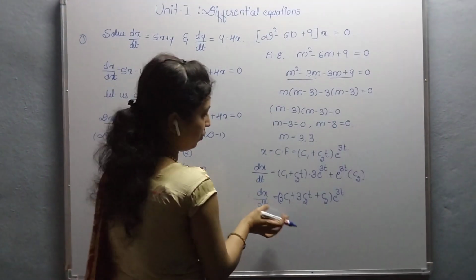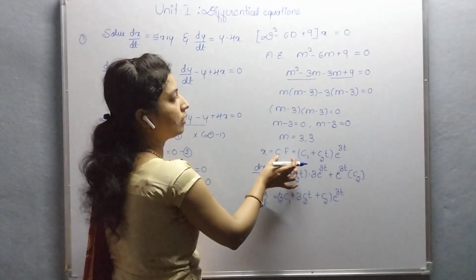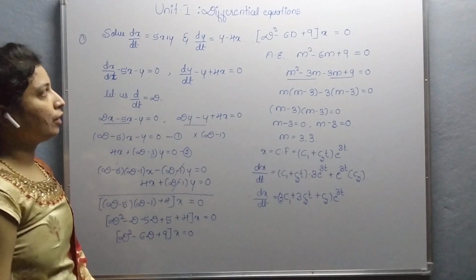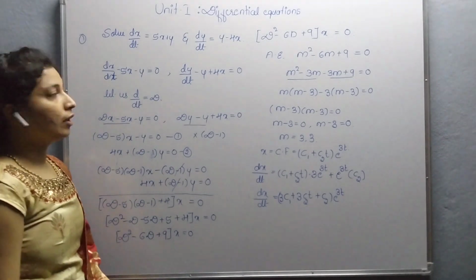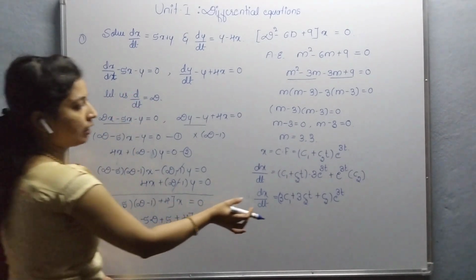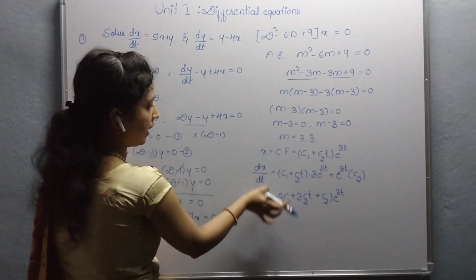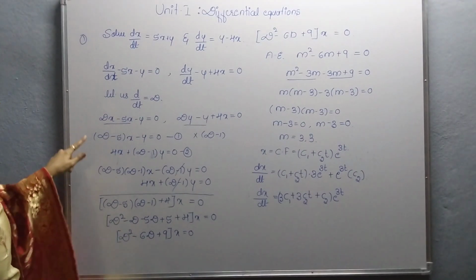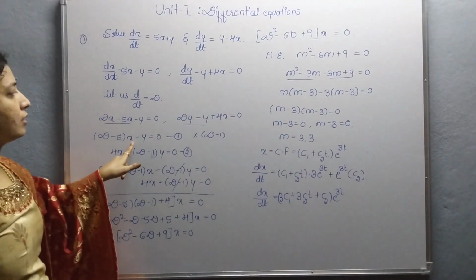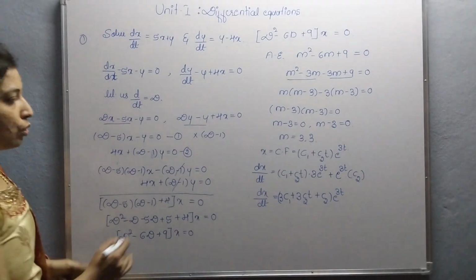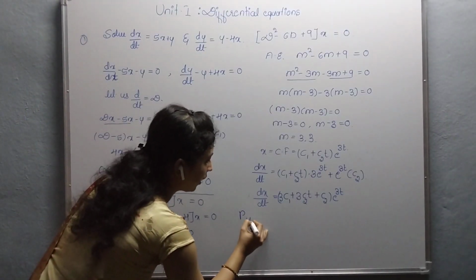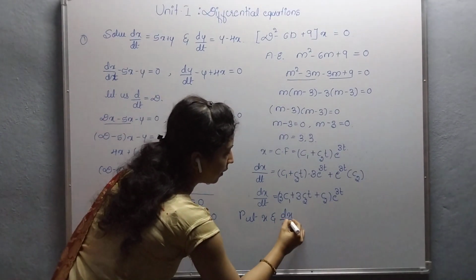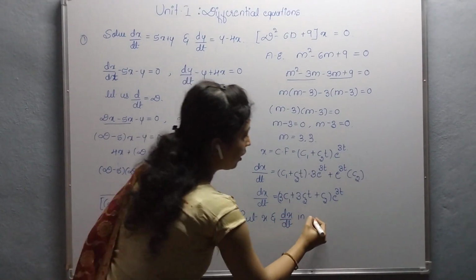Now we can substitute this dx upon dt and the x value in either equation 1 or equation 2, then we get y. So I can substitute dx upon dt and x in equation 1. That is, equation 1 is dx upon dt minus 5x minus y is equal to 0, so put x and dx upon dt in the given equation.